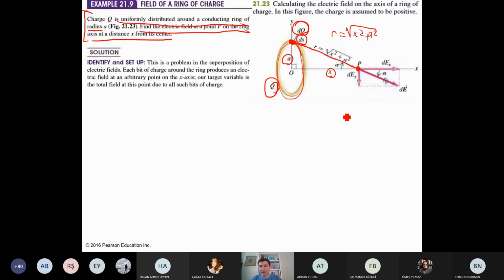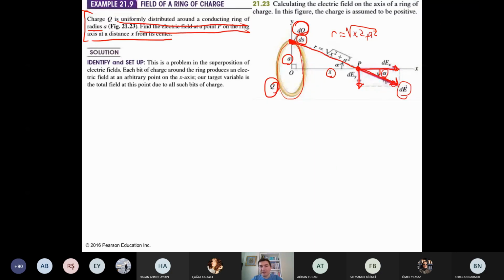Okay, then this is dE, the electric field produced by a very small segment of the ring. If you understand this one, you can solve more or less every question related to this topic. And of course, it has an x component and it has a y component. Okay, I'm talking about this vector. And here we have the alpha angle.